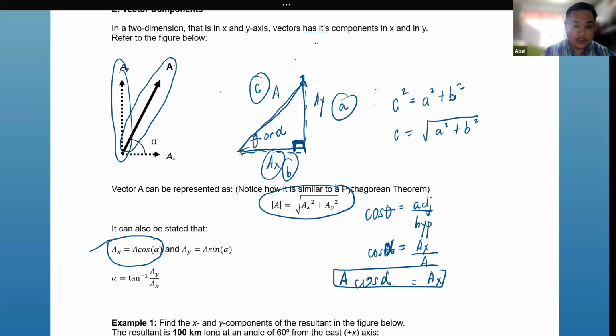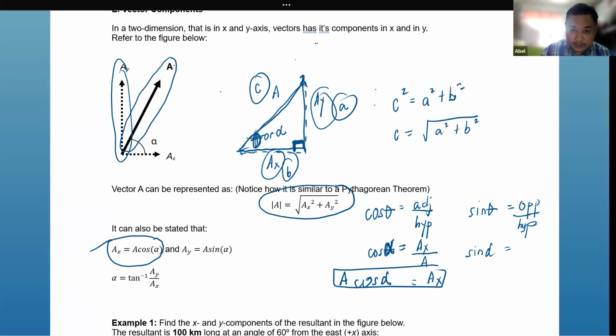And so this is now our horizontal component of the vector. Now remember also in your trigonometry, SOHCAHTOA, sine theta is opposite over the hypotenuse. If we replace it with sine alpha, the opposite of this angle is this AY.